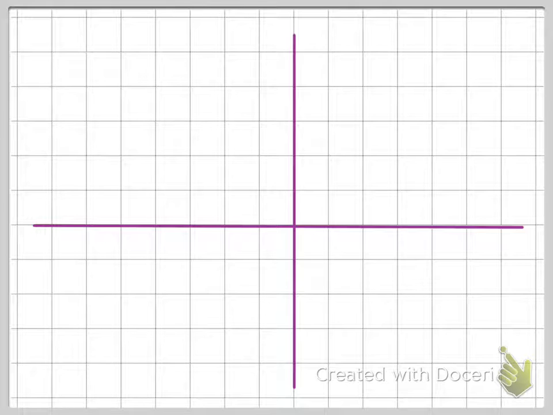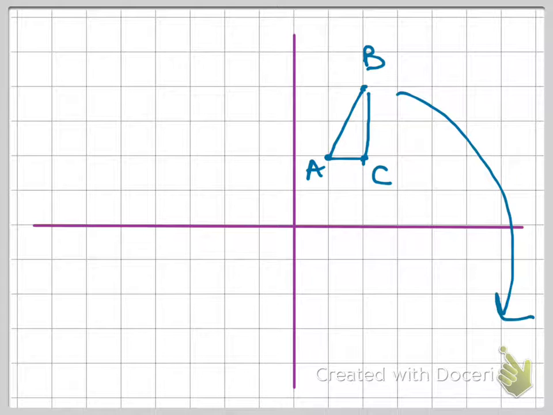So let's say we're starting here, and we've got A, B, C. 90 degrees clockwise means we follow the direction of a clock and go this way. And it means we're going to turn our shape a quarter of the way, right? You guys know from the game we've played that it means that you go once. You go into the next quadrant.